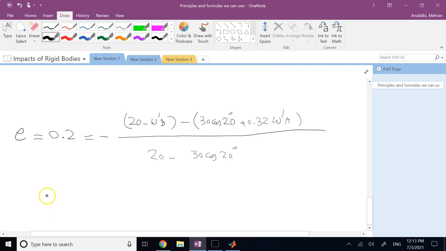And if you cross multiply from here, you will get another equation, which if you want I can write it for you.